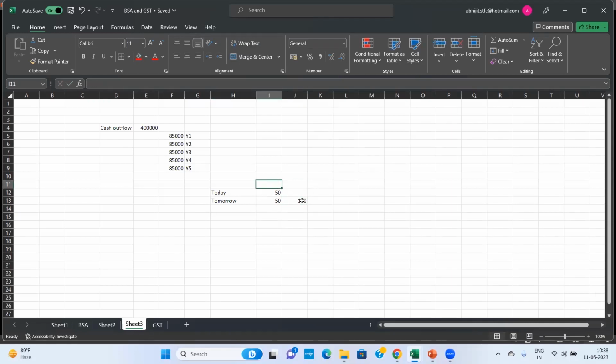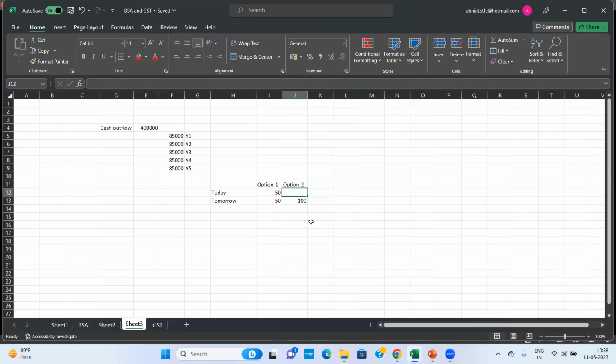So this is option 1. And this is option 2. Which one will you choose and why? That is one part. Second, that is definitely one part. Immediate cash in hand, that is true.